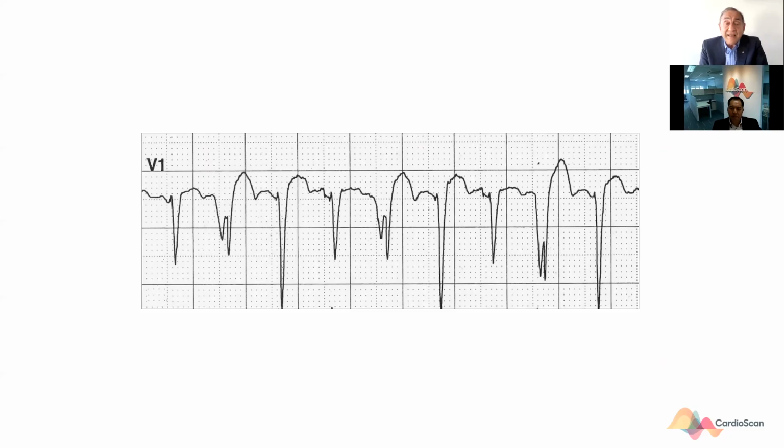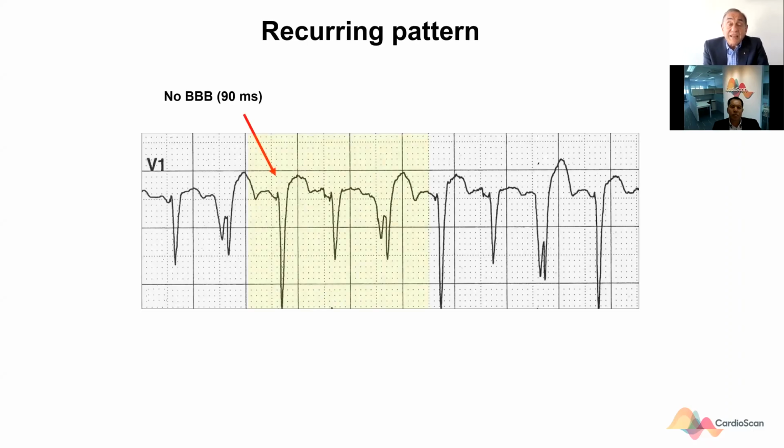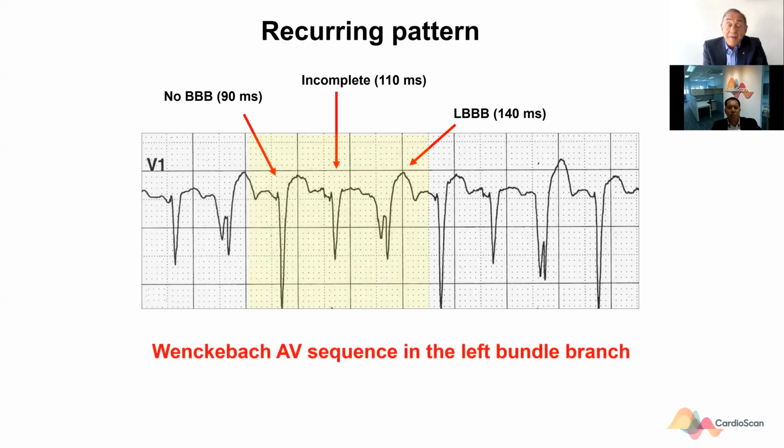And we can see that there are these sequences occurring for every 3 beats. There is a recurring pattern, with the first showing no bundle branch block, the second showing an incomplete bundle branch block, and the third showing a left bundle branch block. And this is Wenckebach AV sequences in the actual left bundle branch.